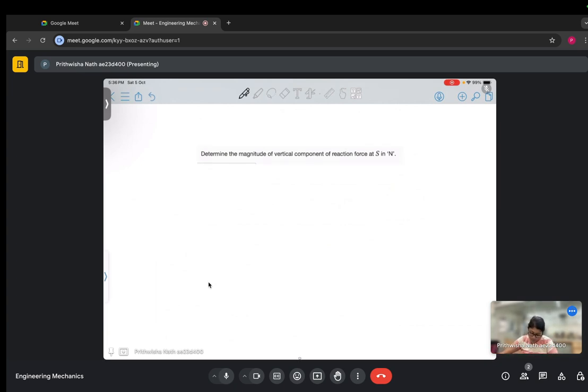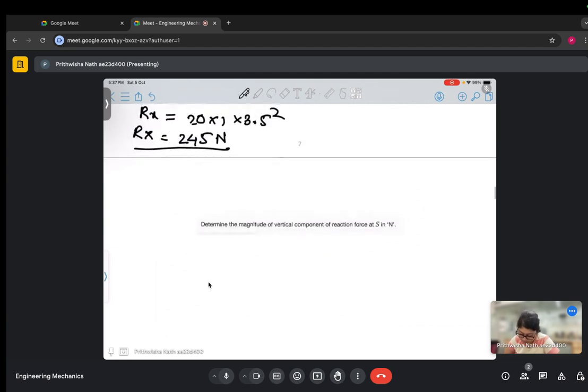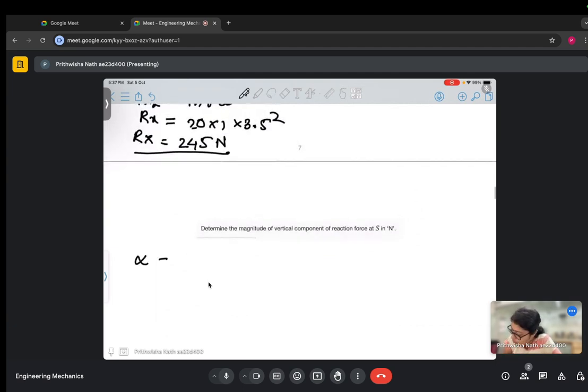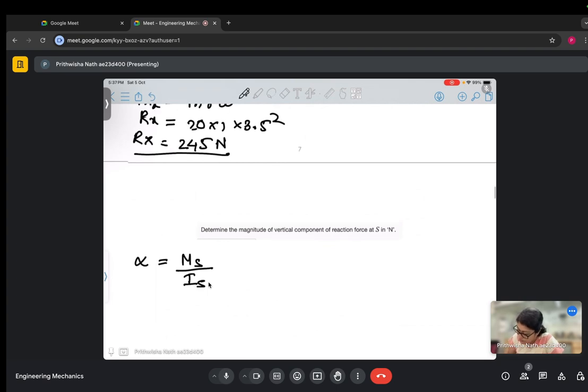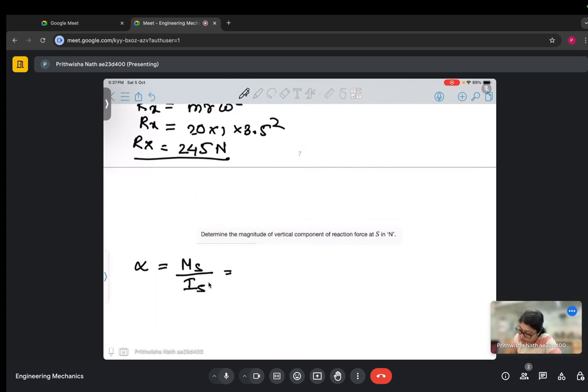First we will find out the angular acceleration, and from there we will find out the Ry. So how can we find out the angular acceleration of this link? Alpha equals to nothing but Ms divided by Is, right? Now what is Ms? M plus mg into L by 2. Is is nothing but m k square plus m l square.